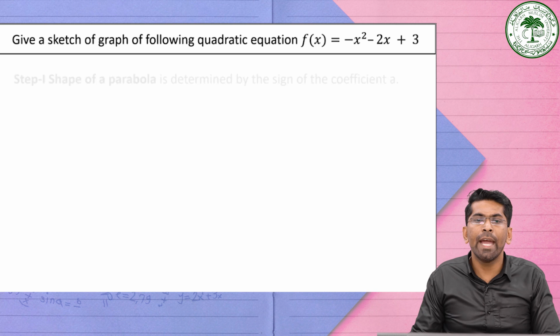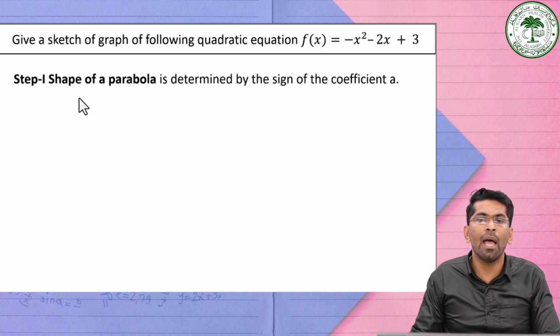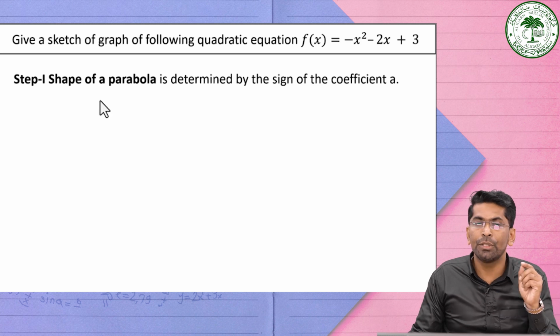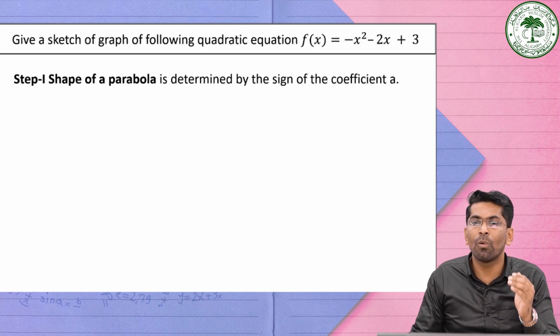First we have to find the shape of the parabola, which is determined by the coefficient a. Here the coefficient a is equal to minus 1, b is equal to minus 2, c is equal to 3.